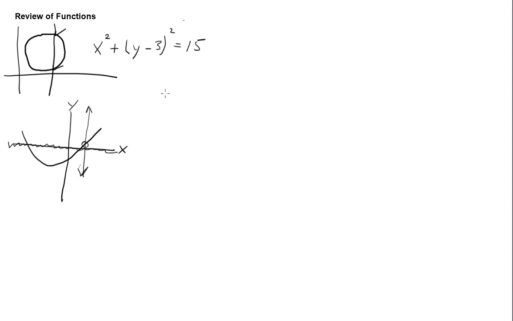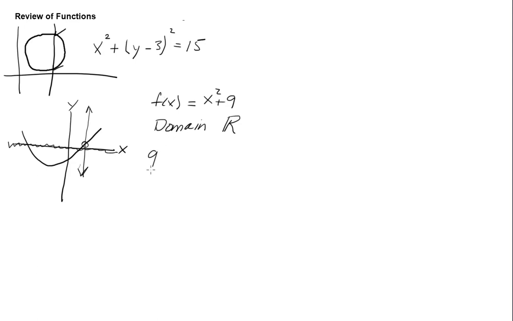If we had a function f of x using function notation, and if that function was x squared plus 9, then the domain question is one of what values of x can I put in here that make sense on the right hand side. And the answer is, for any real number x, you can square x and add 9. And so the domain would be the set of all real numbers. We'll use that as a symbol for the real numbers.